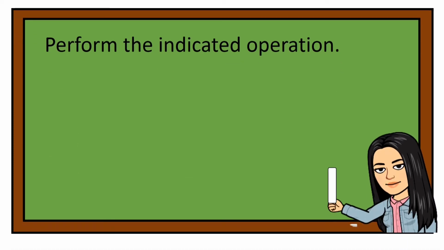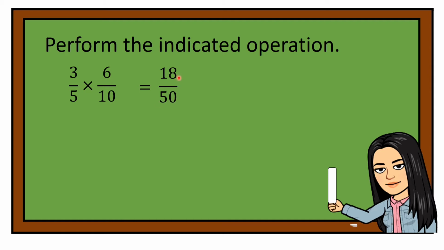Let us perform the indicated operation. 3 over 5 times 6 over 10. First, multiply numerator by numerator over denominator times denominator. So that would be equal to 3 times 6 equals 18 and 5 times 10 is equal to 50.